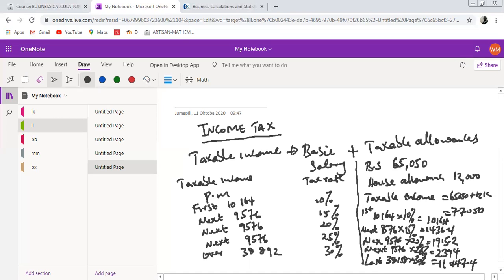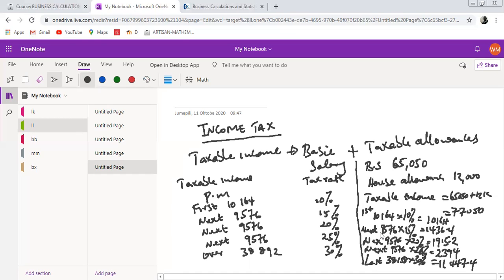You find that we are going to pay a tax of 11,447.4. So for us to know what we normally call the gross tax, we add all these amounts that we are supposed to pay as tax. The first one was 1,016.4 plus 1,436.4 plus 1,915.2 plus 2,394 plus 11,447.4.